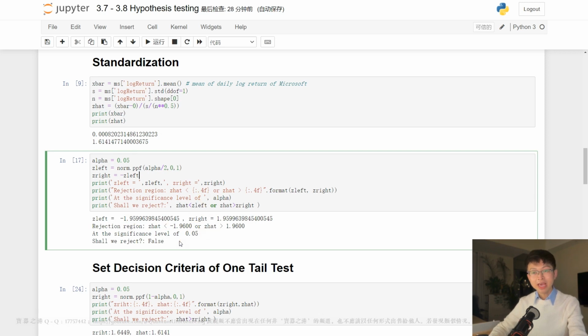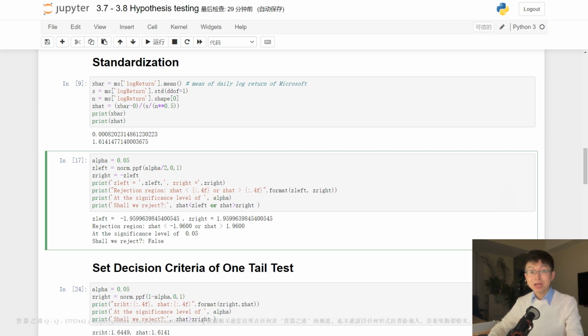Otherwise, we fail to reject the null hypothesis. In this case, since z hat equals 1.6141 does not fall in the rejection region, we cannot reject the null hypothesis and conclude that the average daily return is equal to 0 at the 5% level of significance.